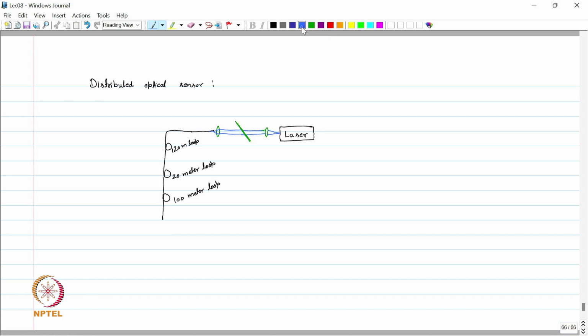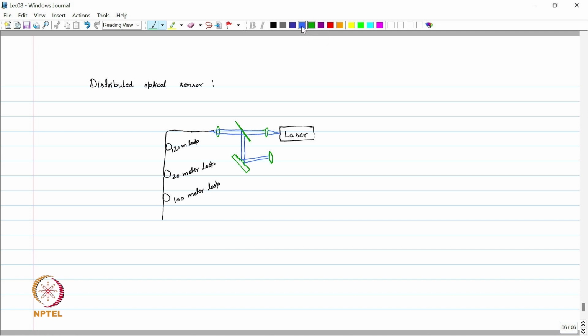So this reflected light will be moved towards here, and we have some sort of a grating at this point, and this light again goes to a lens, which couples it to some APD or avalanche photodiode.